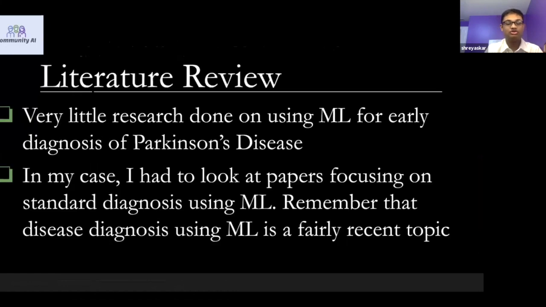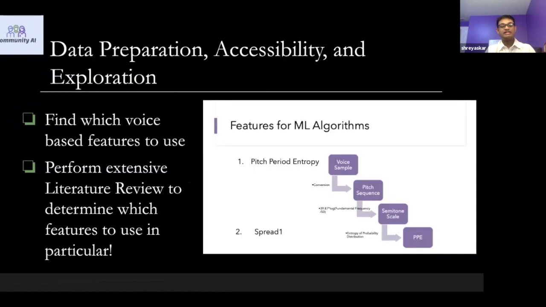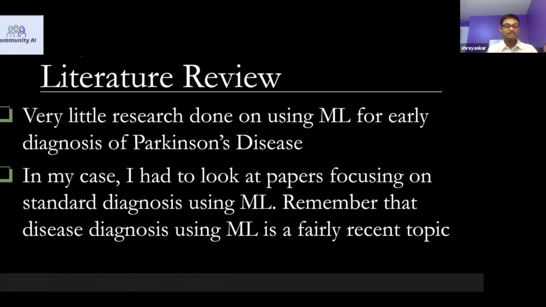So now let's go to literature review. I hinted at how important literature review was, but let's talk about this in greater detail. Currently there's been very little research done on using machine learning for early diagnosis of Parkinson's disease. This is interesting because you hear a lot of hype about early diagnosis, but in fact this is a field that has only been around for the last few years.